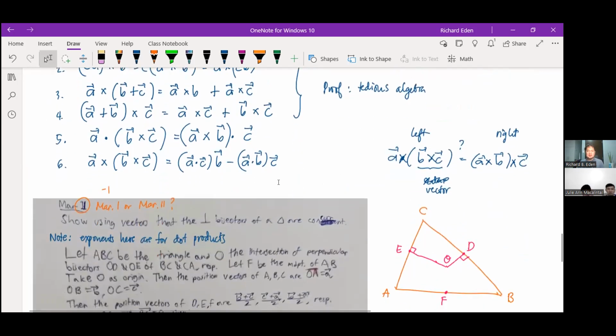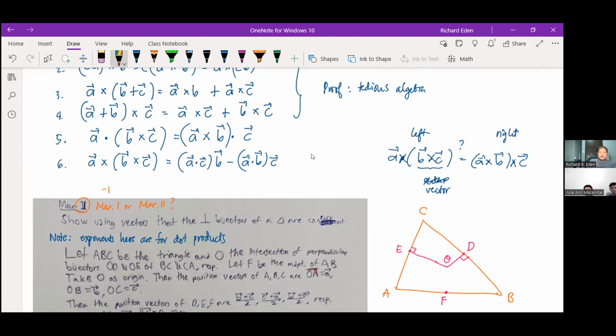And then number 5. So this is a combination of what happens when you do a dot product and a cross product. Here, A dot B cross C, and then A cross B dot C. The proof of number 5 is also going to involve a little bit of algebra, but the left side and the right side are going to be the same.